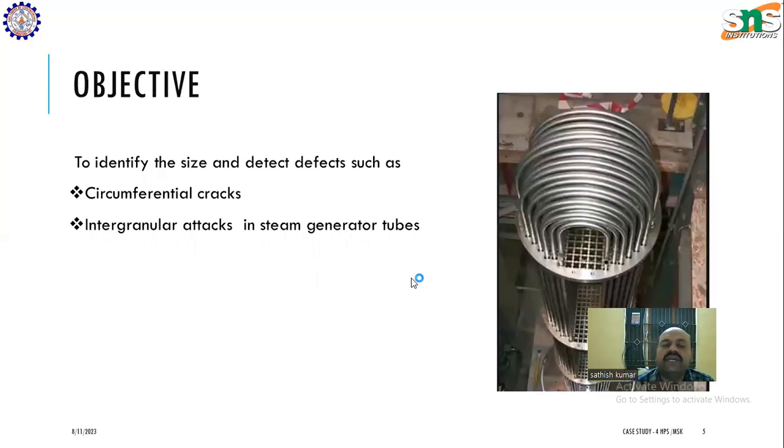Our objective is to identify the size and detect defects such as circumferential cracks and intragranular attacks in the steam generator tubes. These are the steam generator tubes shown in the picture in a nuclear reactor.